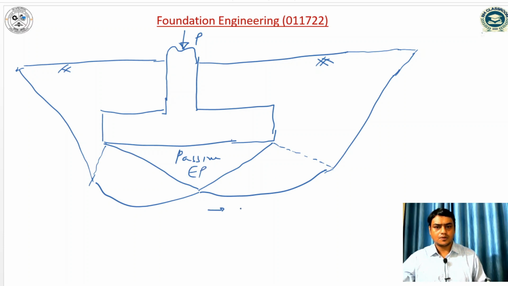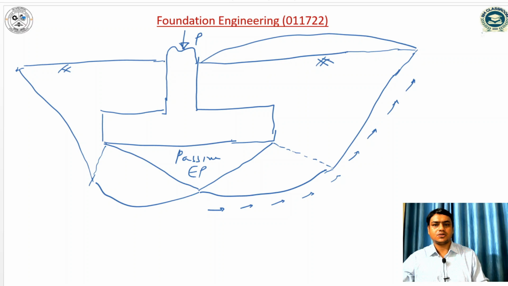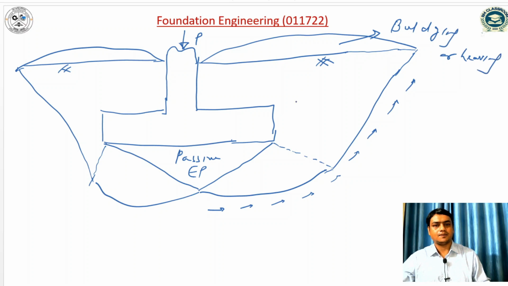And this is the failure surface, and I told you there is a bulging or heaving of the soil. This is the bulging or heaving, and this is log spiral in nature. This is also a failure pattern.